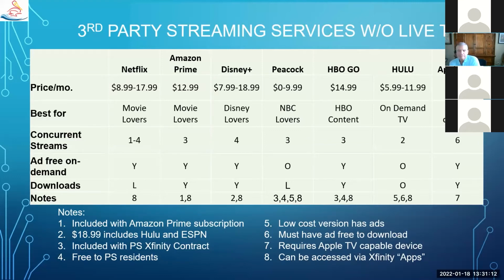No problem. The concurrent streams, that's at your home or where you're getting your internet? No, it's based on your account. With each of these, you set up an account. Probably the easiest one for everyone to understand is Amazon, right? I'd say 90% of the people on here probably already pay for Amazon Prime. So you already have an Amazon Prime account.